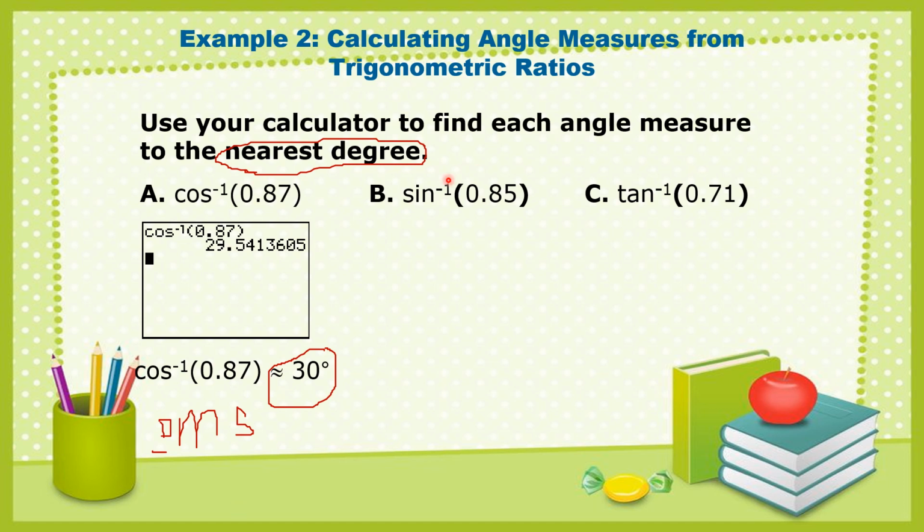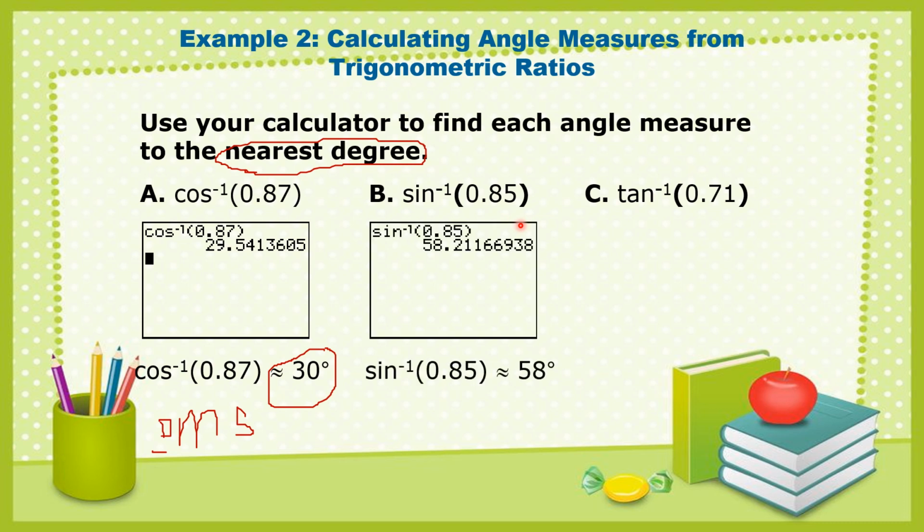Okay, next. How about the inverse of sine 0.85? What is inverse sine of 0.85? In your scientific calculator, press shift, sine, 0.85, and then equal. The answer is 58.21166938. And then, again, click the DMS key, and it will show 58 degrees.